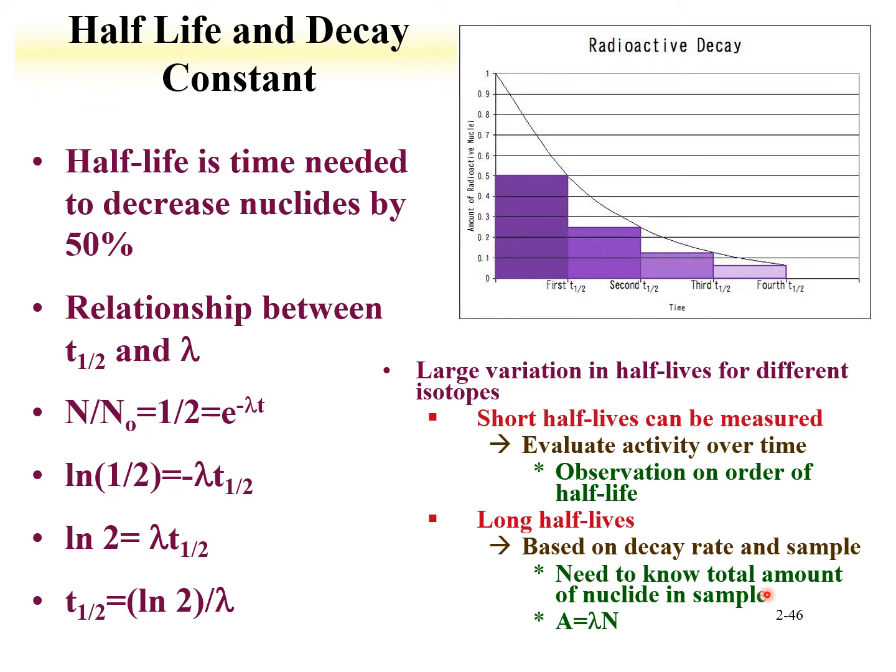If I had some plutonium-239 and I weighed it, and I got N, and I got the activity of that N, I could solve for the decay constant. Then, knowing the decay constant is equal to log 2 divided by the half-life, I've measured the half-life.